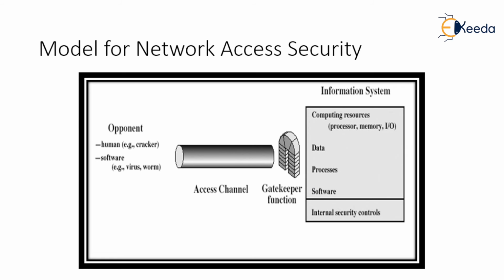This model gives you another idea about the working of the information system. A general model is illustrated here, which reflects a concern for protecting an information system from, we can say, unwanted access. Most of the readers are familiar with the concern caused by the existence of hackers who attempt to penetrate the system that can be accessed over a network.